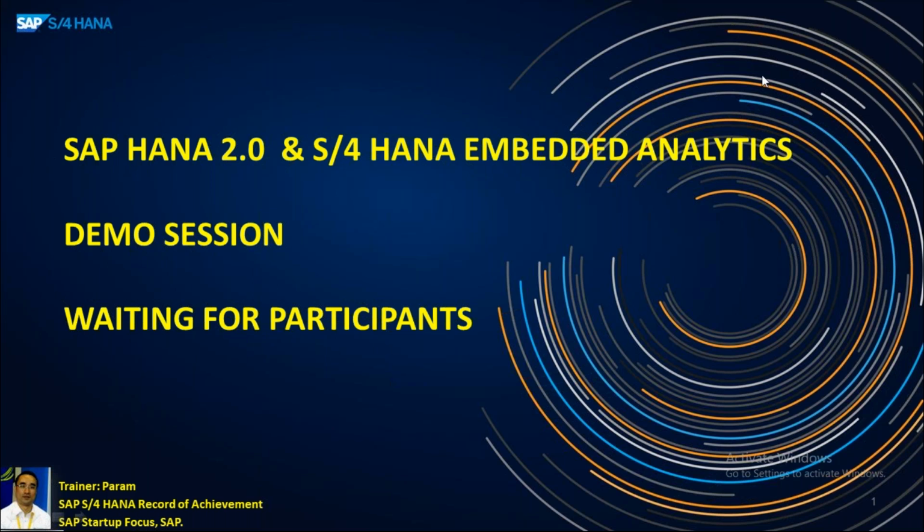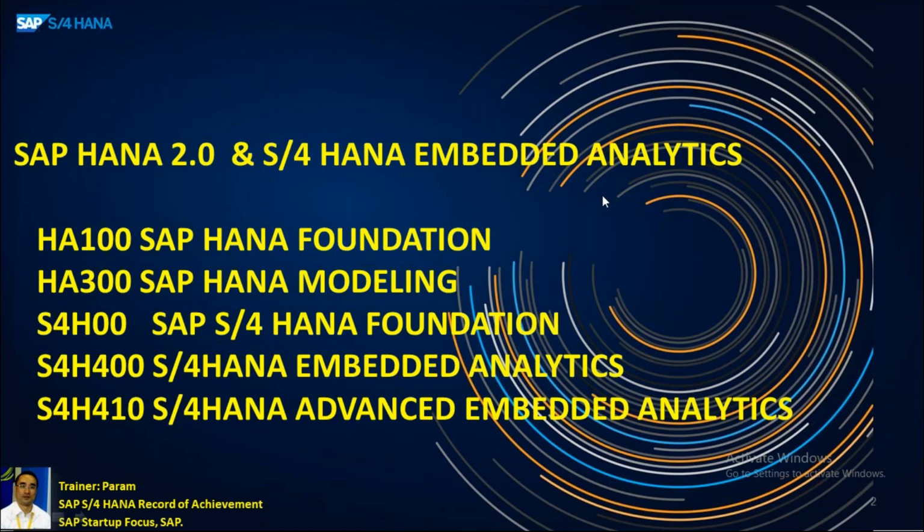The training agenda is the academic training, which is offered by SAP for the certification programs on the SAP HANA, and the planned S4 HANA certification with the embedded analytics, which is planned to be released by the second half of the year.